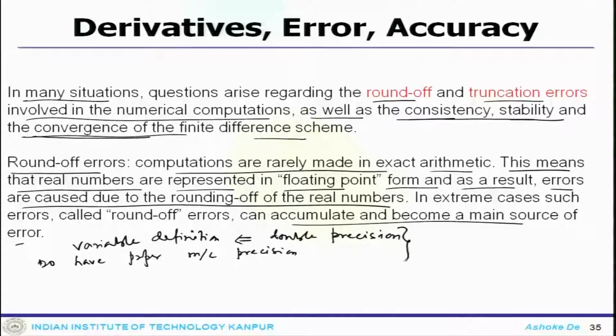In combination of these two, you can always reduce the round off errors. Okay.